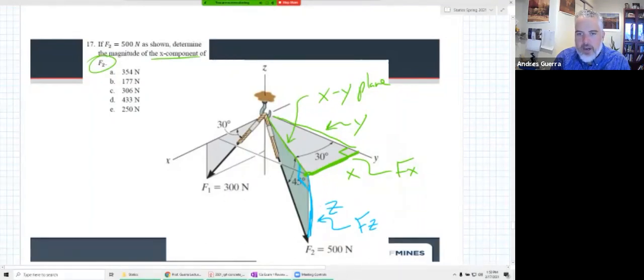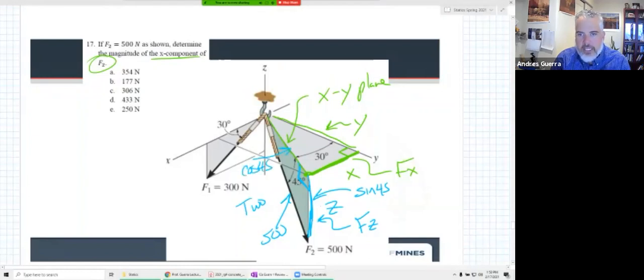Now we've identified our two right triangles, and we just have to break them down. If I know this side right here, I know this is 500, and that's the hypotenuse of the 45. So I can find this side over here using the sine of 45. This side I could find using the cosine of 45.